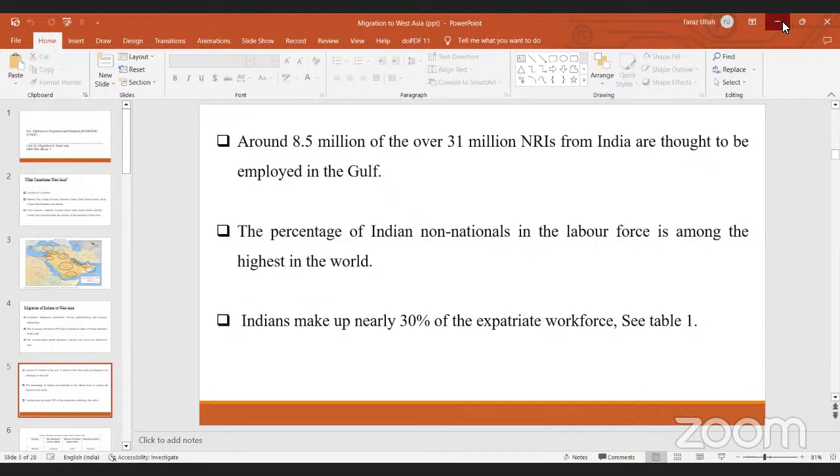There is some connectivity issue. No worries. Sir, is my screen visible? Yes, it is visible. Is it the migration of India to West Asia? Your PPT is showing around 8.5 million of the over 31 million NRIs. PPT number 5. Just a second.